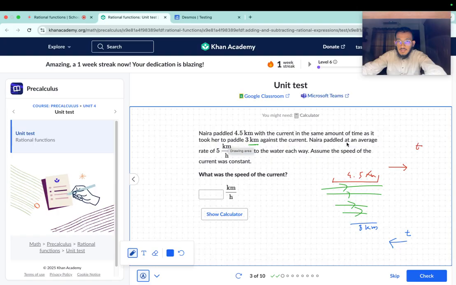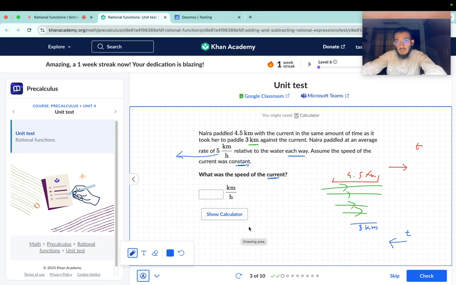Naira paddled at an average rate of 5 kilometers per hour relative to the water each way. Assume the speed of the current was constant. What is the speed of the current?